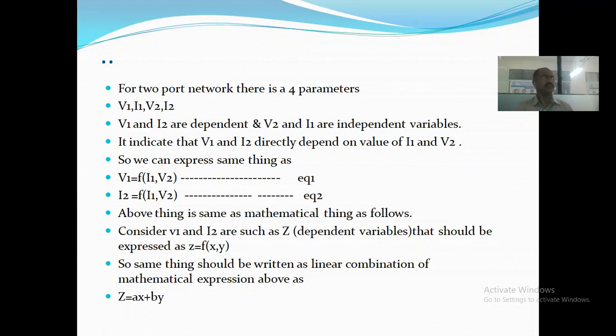Dependent means the value of that particular quantity changes with respect to something else, and independent means the value does not depend on anything else. So in the H parameters of a transistor there are two things: one is the dependent parameter, the other is the independent variable. Now see, the dependent parameter depends on your independent parameter, which we have seen already, right?